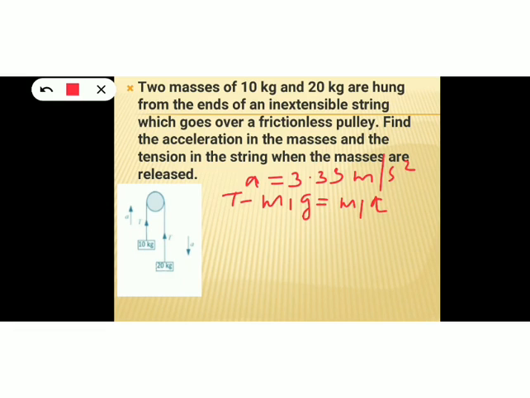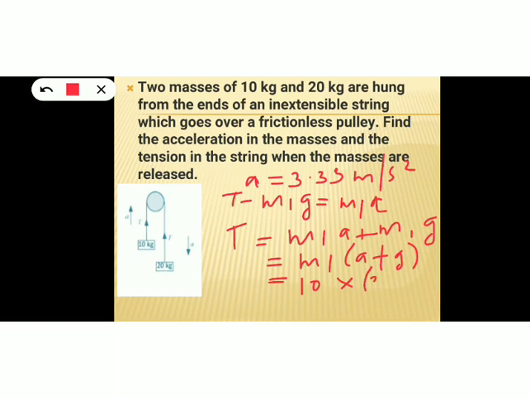Therefore T equals m1a plus m1g, which is m1 into a plus g, that is 10 into 3.33 plus 10. When you simplify, you get the tension as 133.4. Tension is a force, so its unit is Newton.